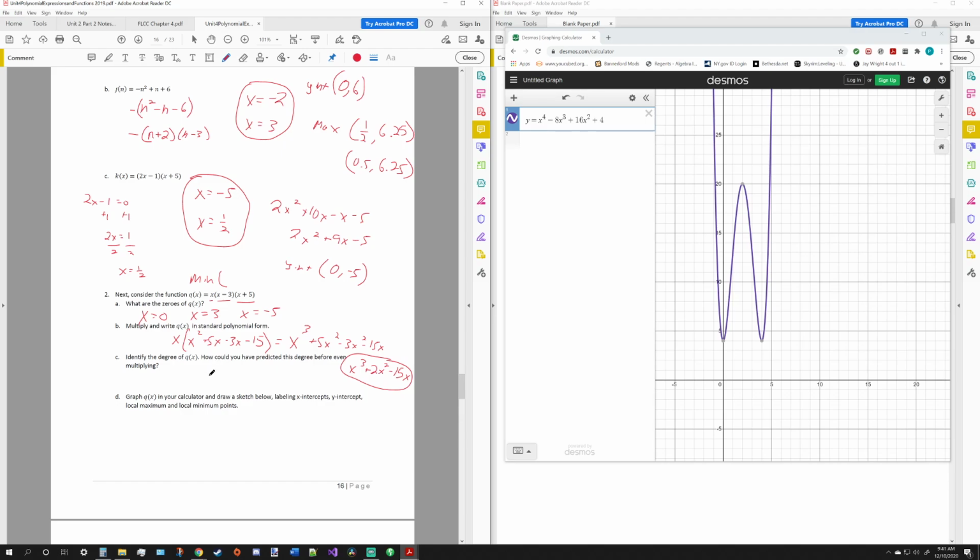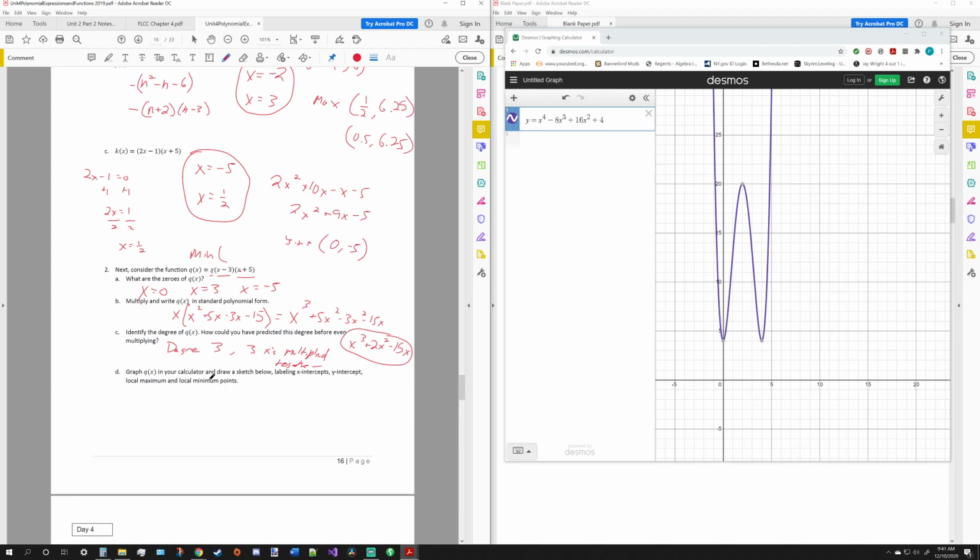And what's the degree? This is a degree 3. And how do we know even before getting down to x cubed? We can see that there are 1, 2, 3 x's being multiplied together. So that tells me that that's a degree 3. Graph the function in your calculator, draw a sketch below, label the x-intercepts, y-intercepts, local maximums, local minimums.